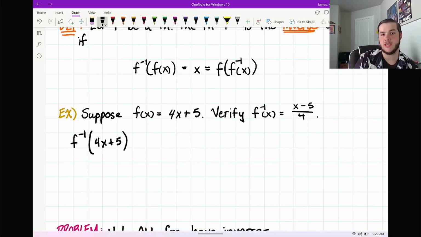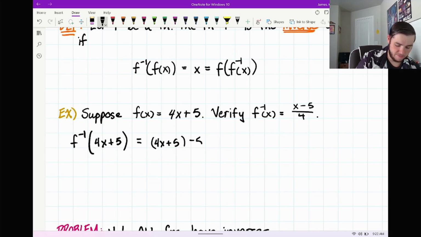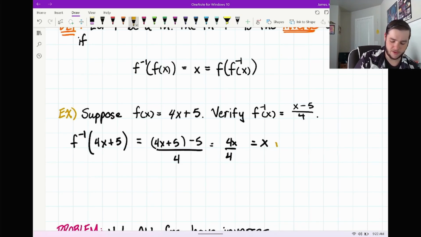Theoretically, we should just get back x. Well, here, f inverse is input minus 5 all over 4. Up top, my 5 and negative 5 cancel. I'm left with 4x over 4. And now my 4's cancel, and I'm left with x. So sure enough, that's the inverse.